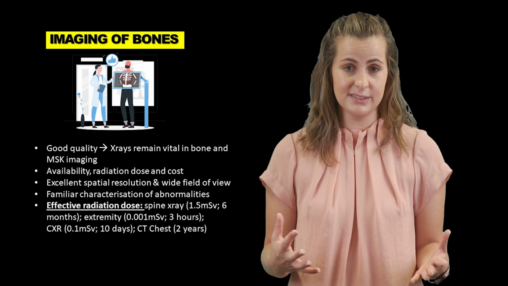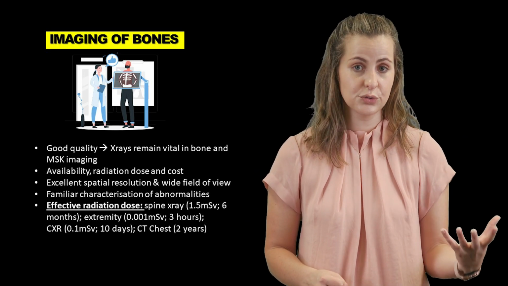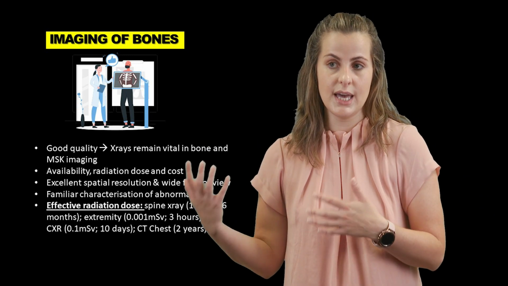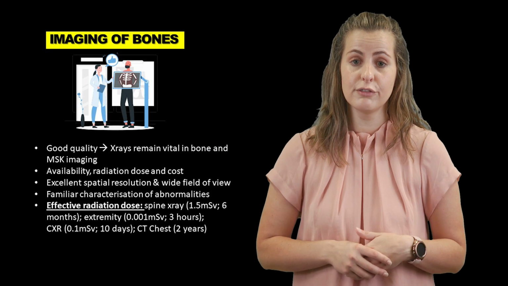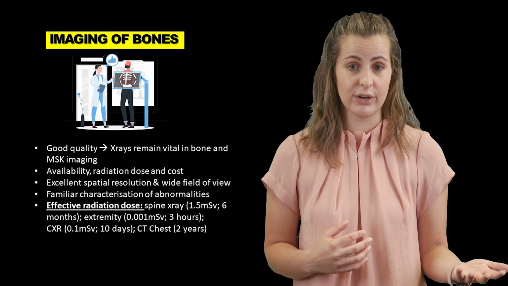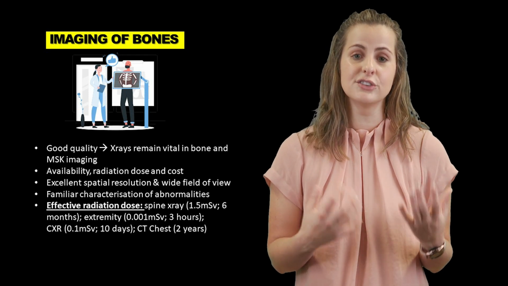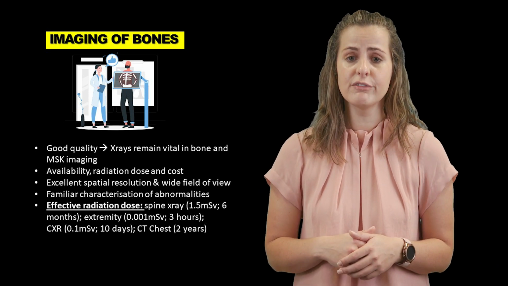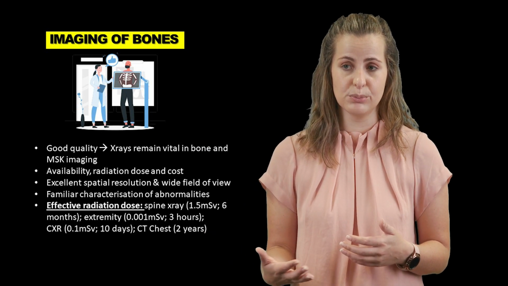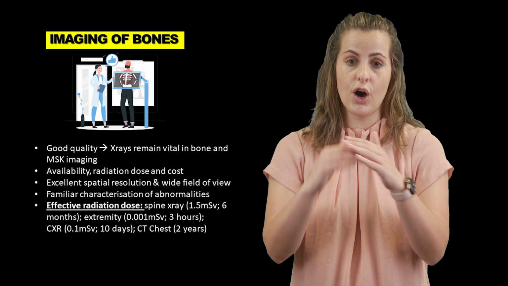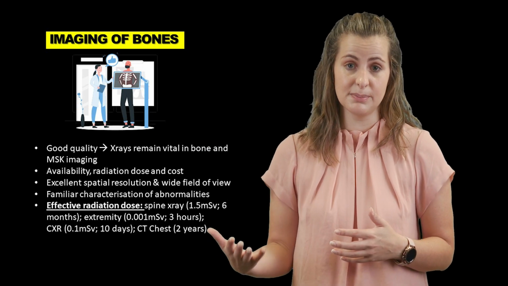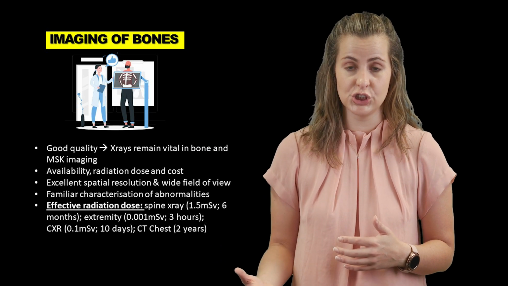If we put this into perspective, a single X-ray of the extremities, so elbow or the tibia and fibula, for example, is the equivalent to 3 hours of background radiation, which we can see is not a great deal. However, if we then increase and look at a spinal X-ray, for example, so that's going to be an X-ray of the vertebral column, we can see that this is then equivalent to 6 months of background radiation exposure.